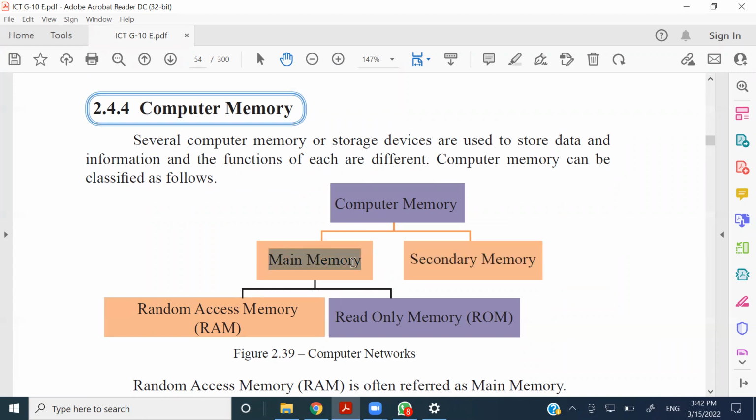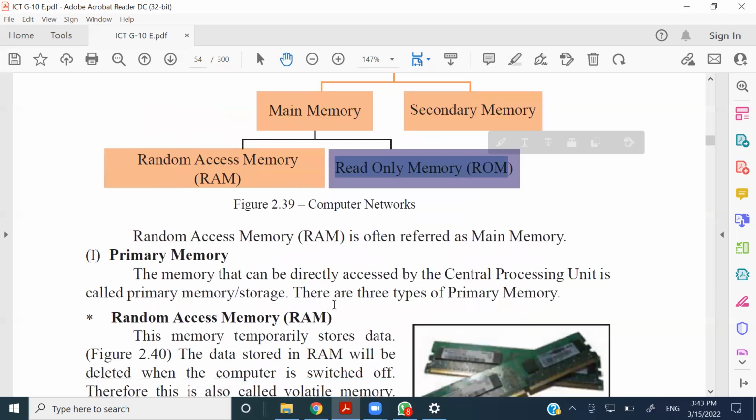So main memory has two particular segments. In some explanations, they talk about three particular things, but I'll go with the diagram which is given in your textbook. So it is categorized as random access memory, the RAM, and the read-only memory, the ROM, right?